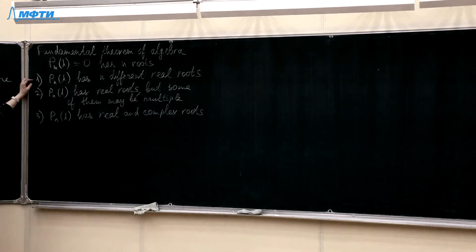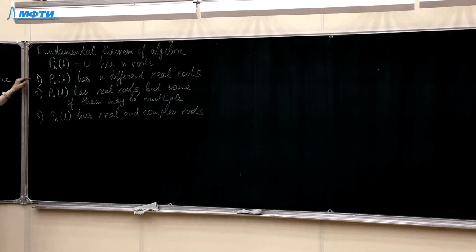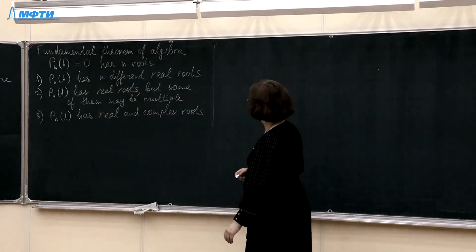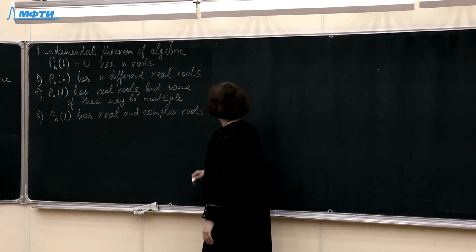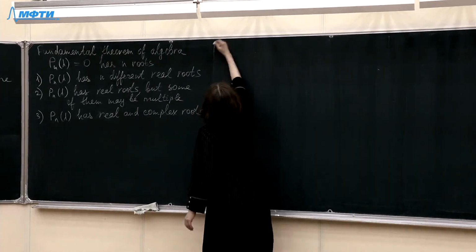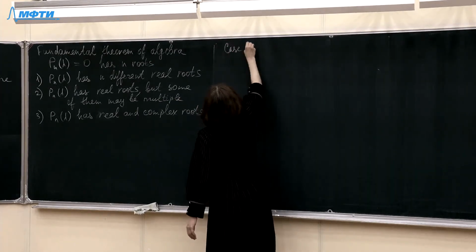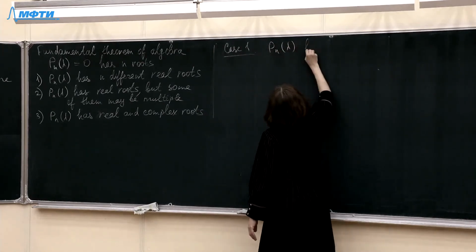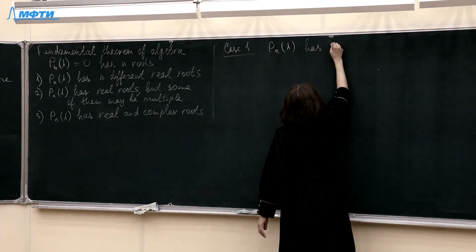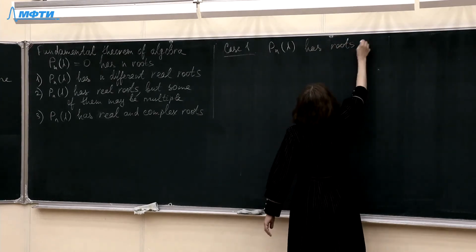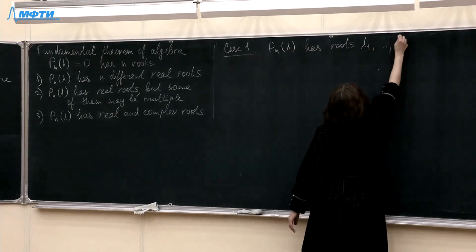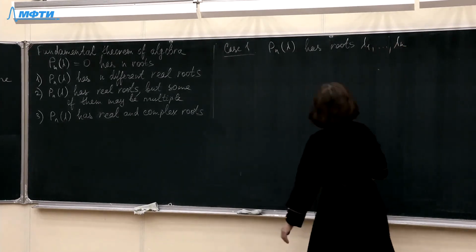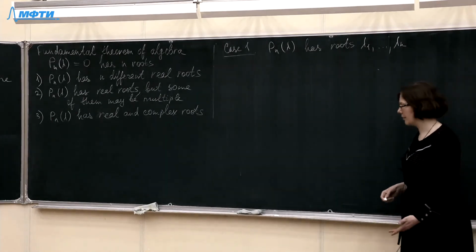So today we will consider the first case when all the roots are different. So case number 1. The characteristic polynomial has roots lambda_1 and so on, lambda_n, which are different numbers.